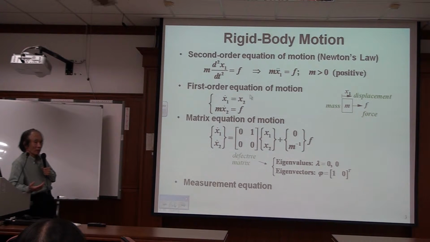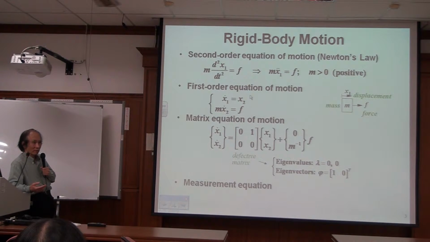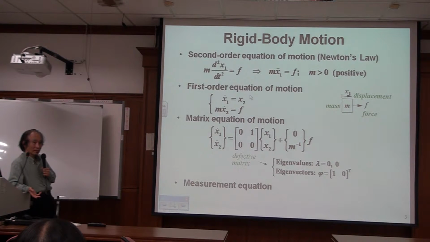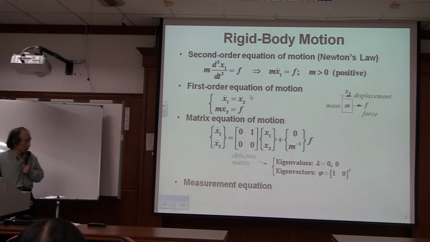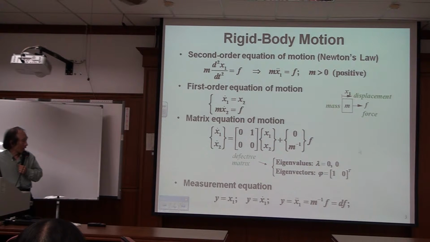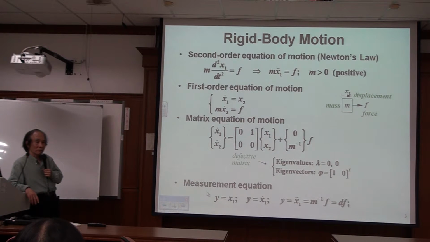So you can have a device to measure displacement, or you can have a device to measure velocities, right? Agree? So if you have displacement measurement, then we call y equal to x1. Y is your measurement quantity, can be volts, can be amps. And x1 is your displacement.